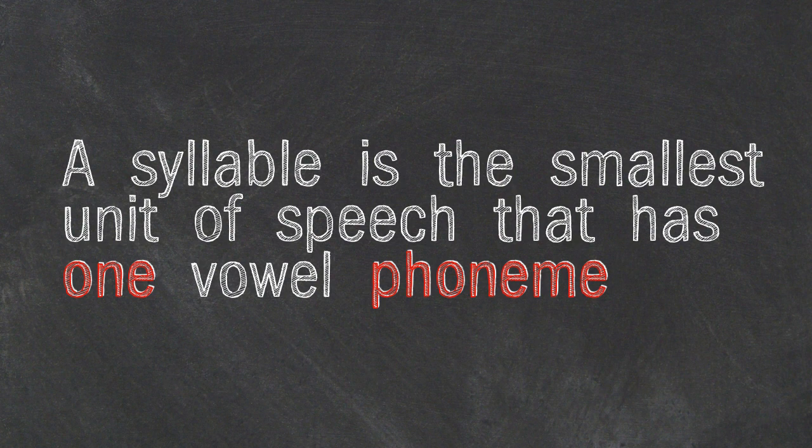So let's pull this apart. What do I mean by all of this? Let's start with the word mat. If we're thinking about the word mat, it's one syllable. We'd clap once. And the reason is that there is one vowel phoneme in mat. It's that short a sound like we hear at the beginning of apple.